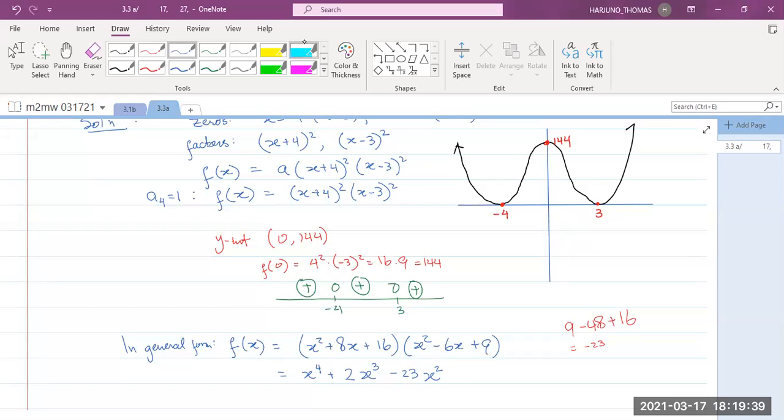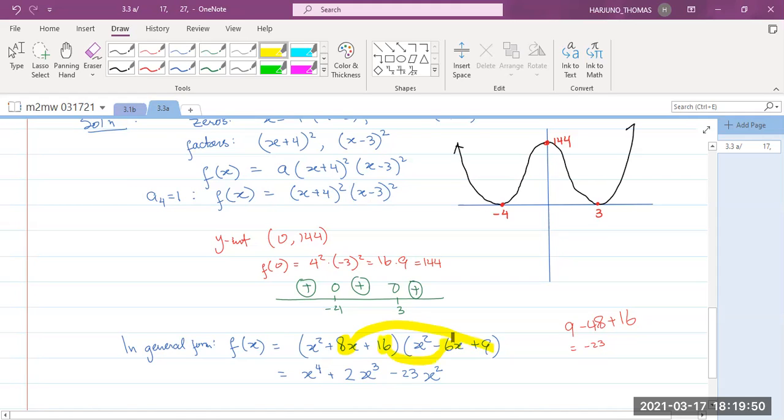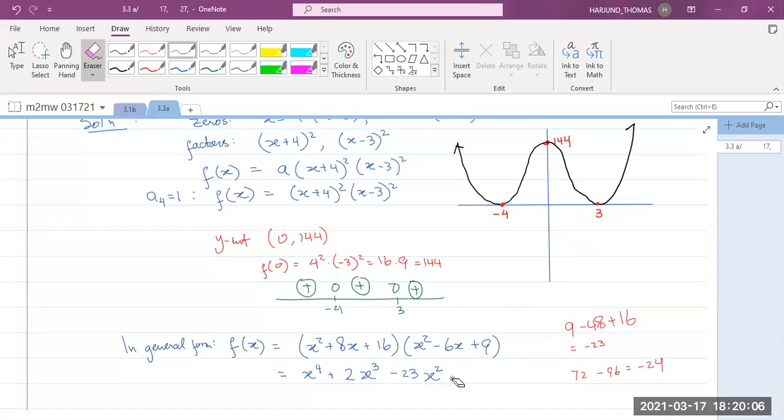Now, how about the x terms? The x terms will be this guy times 9 and this guy times negative 6. That is 72 minus 96. That's negative 24. Negative 24x plus 144. Okay, that's the function.